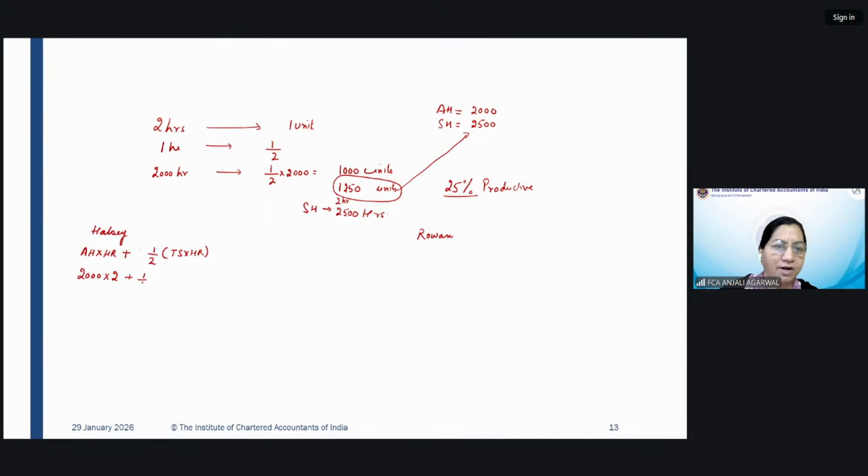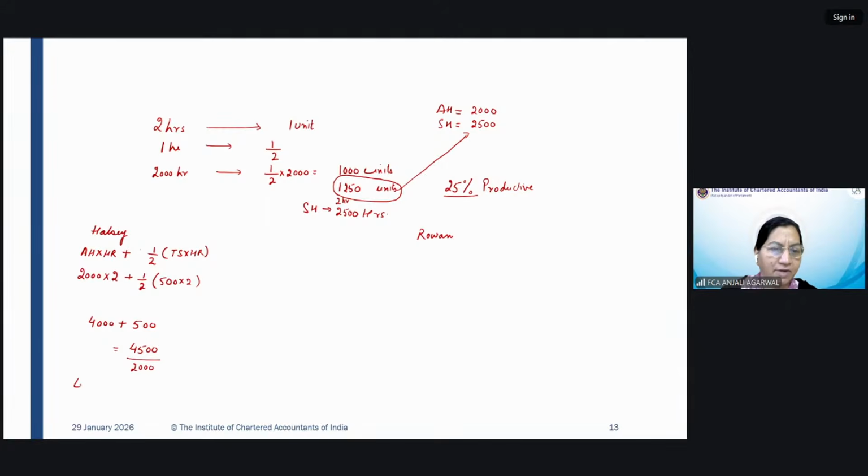So we are going to give half of 500 into 2. So the workers end up getting 4000 plus 500, which is 4500 rupees in 2000 hours.